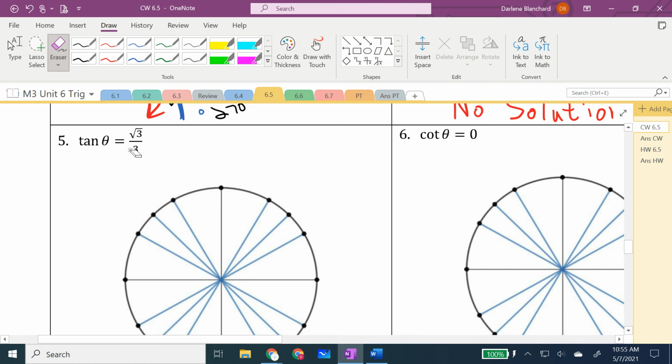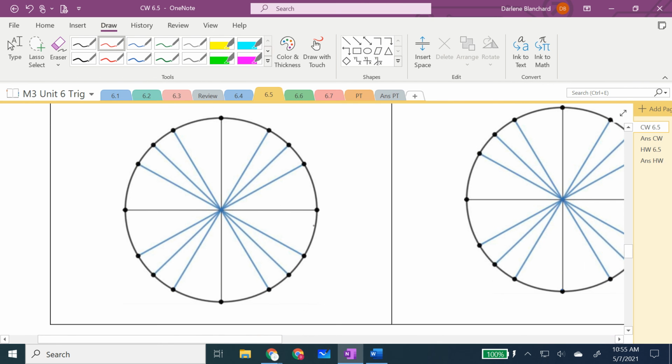This is the same number as 1 divided by root 3. So this is a slope that is less than 1. That means I'm dealing with a positive slope that is less steep than a 1 slope. That gives me the angles of 30 degrees.